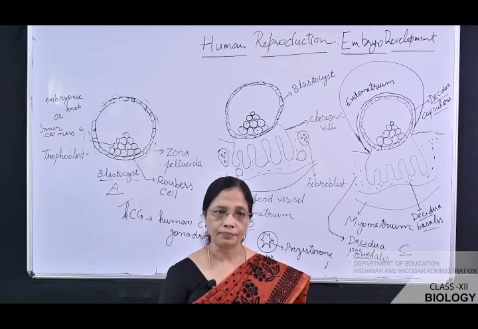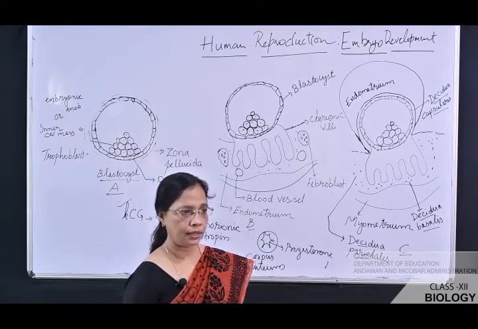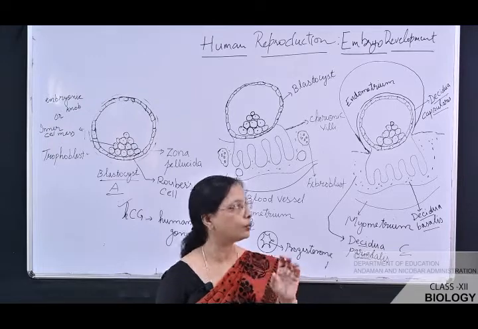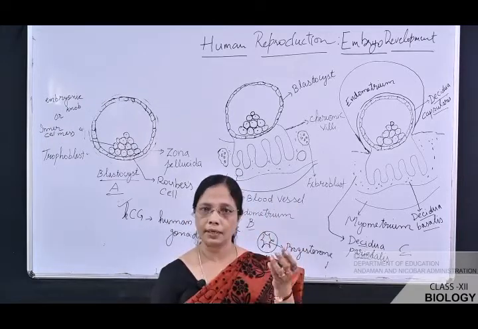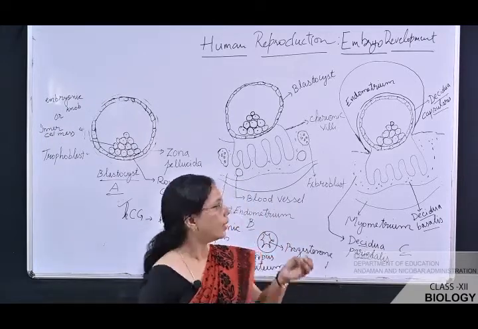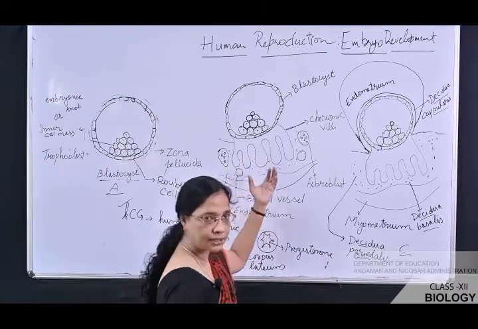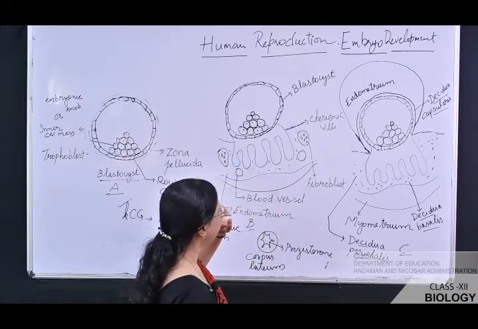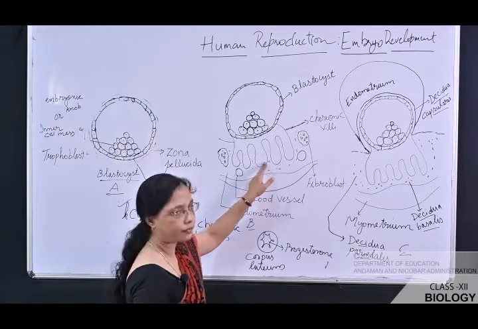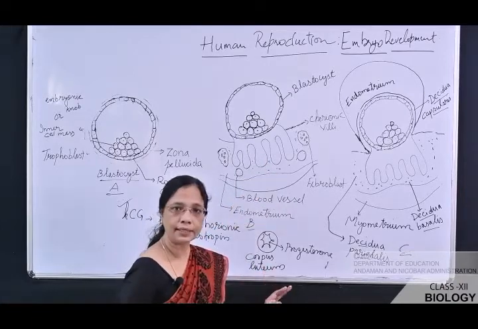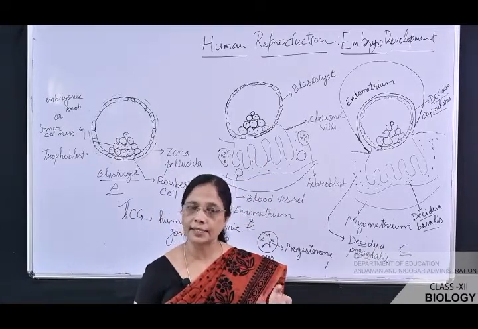Okay. Now, suppose something happens to the embryo, or due to some abnormality the embryo is damaged. At that time, what happens? The chorionic villi decrease the secretion of HCG.